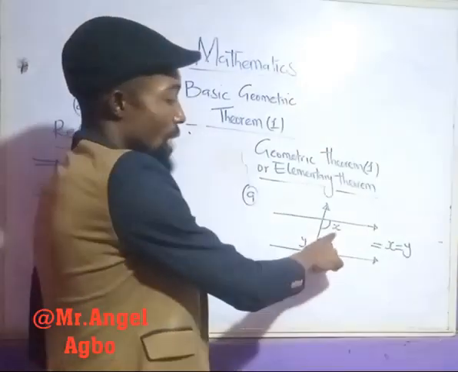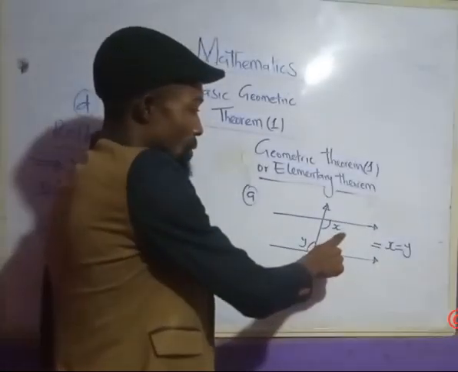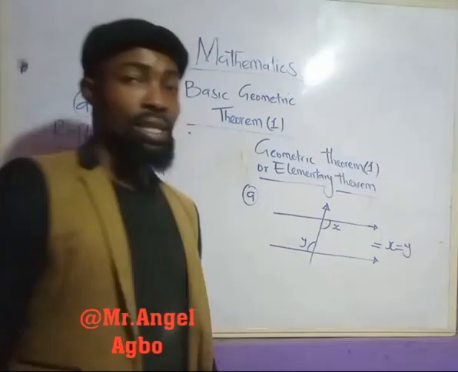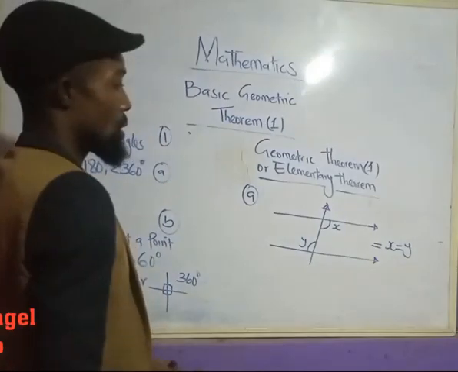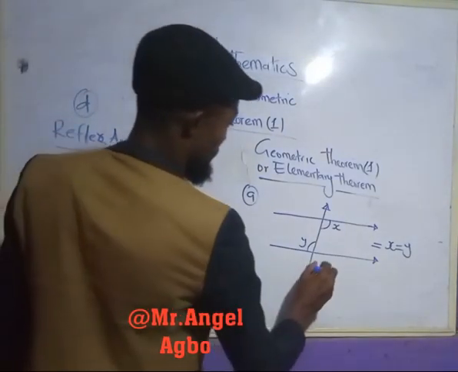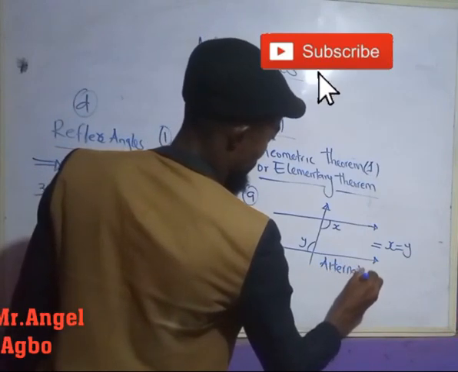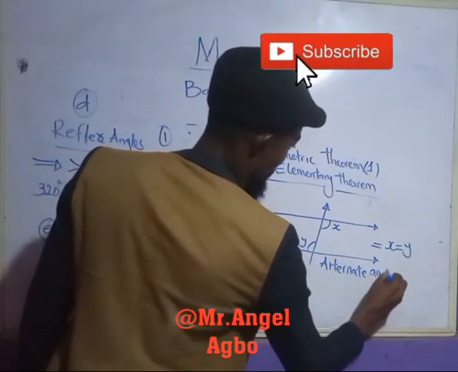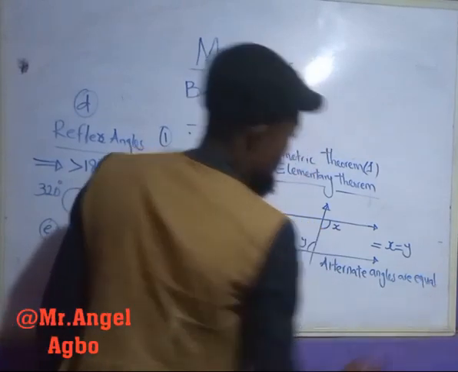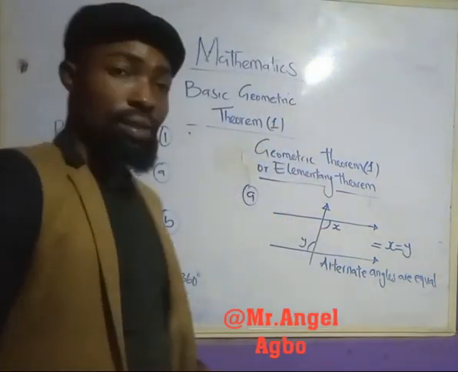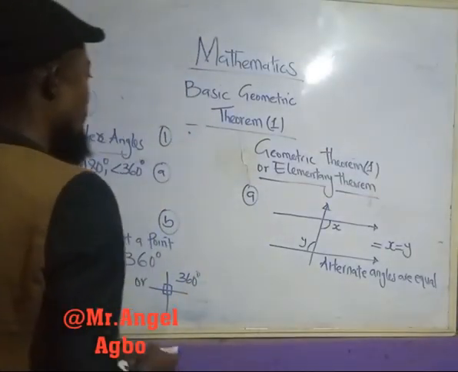If X is provided and Y is not provided, you will automatically use the value of X to get the value of Y, because the rule says that alternate angles are equal. That's just it. So we are moving to the next one.